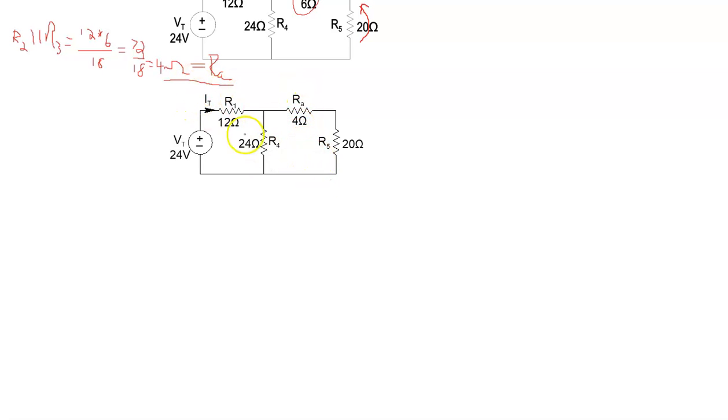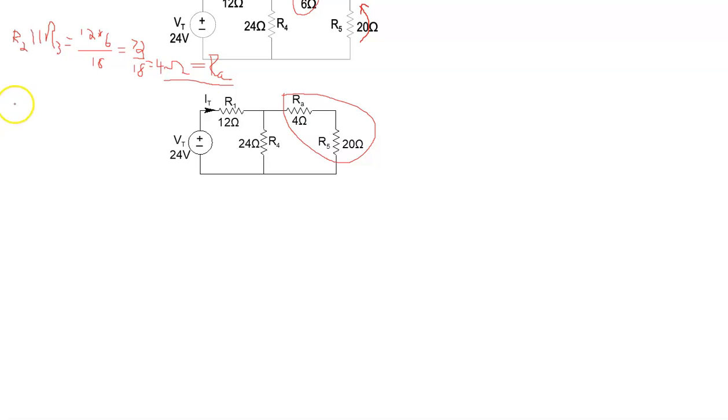Okay, so now when we look at this, remember R4 is still not in parallel with R5 because RA is in here. So R4 and R5 don't have the same voltage drop across them. But RA and R5 are in series.